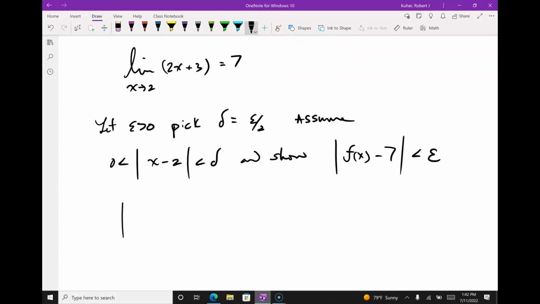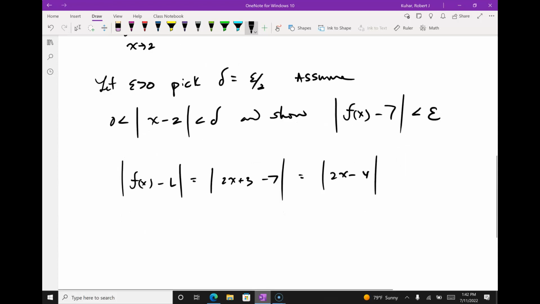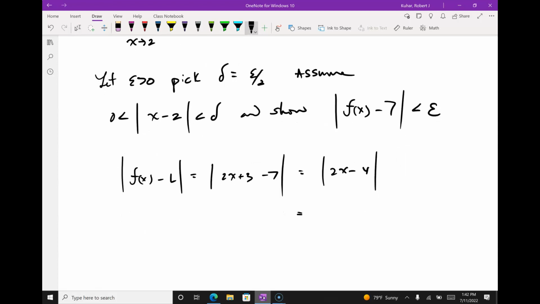Well, what is f of x? What is f of x? Yep, 2x plus 3 minus 7, that's L, right? Which is what? 2x minus 4, yes? So a 2 will factor out of that, yes?